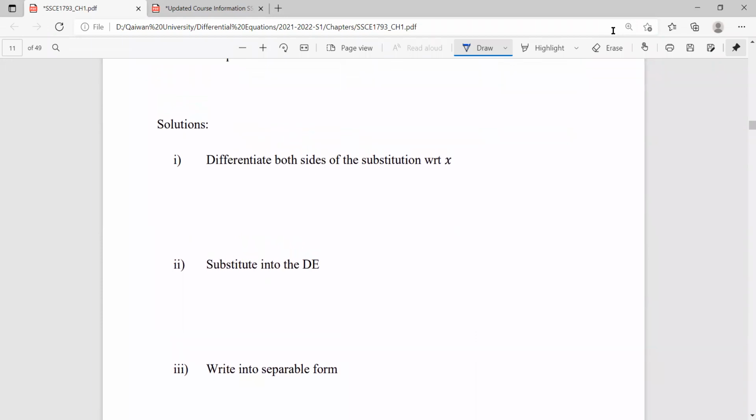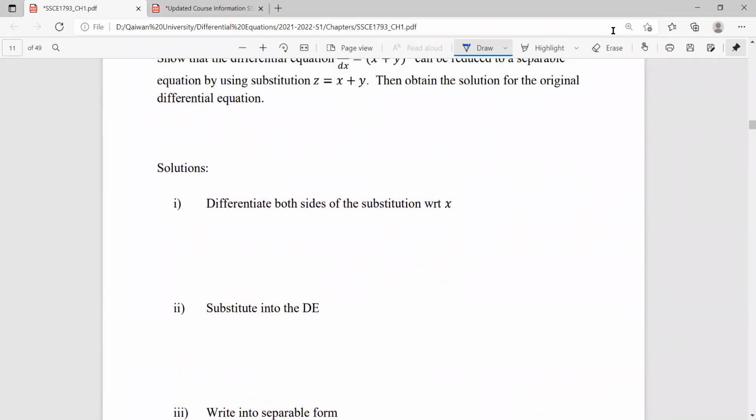First, you should solve it and then find the values. It's only one example about the same topic. That's why I want to talk about it. It's okay.